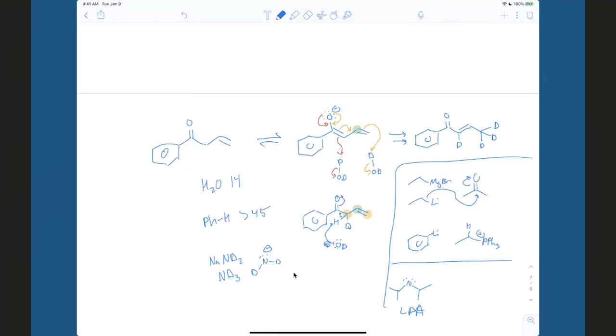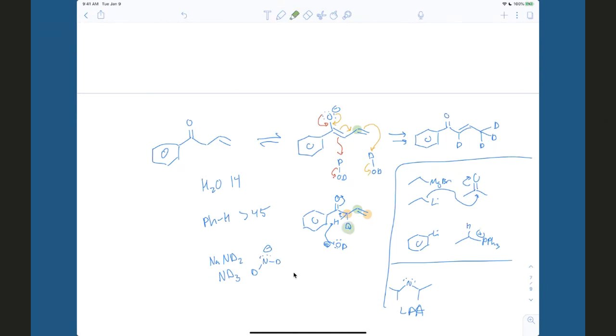When the second addition on the red pathway happens, where does the deuterium go? What do you mean, this deuterium?